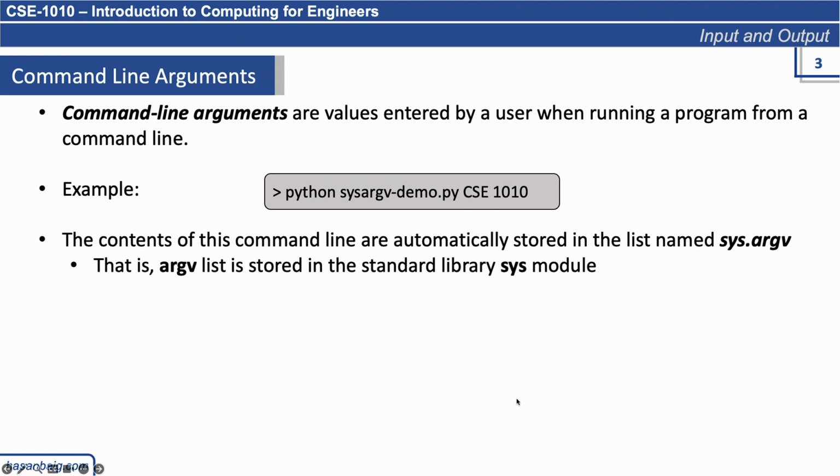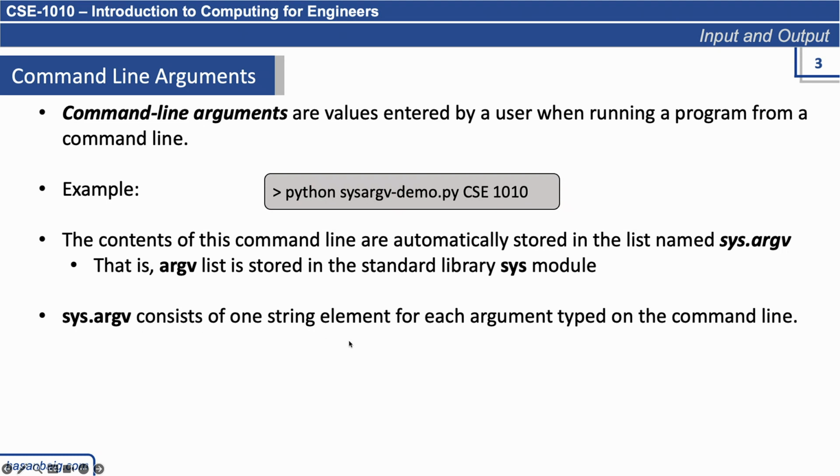So all the values that you pass in by running the Python command will be stored in the argv list. It consists of one string element for each argument typed on the command line, and the string elements are separated by white space.